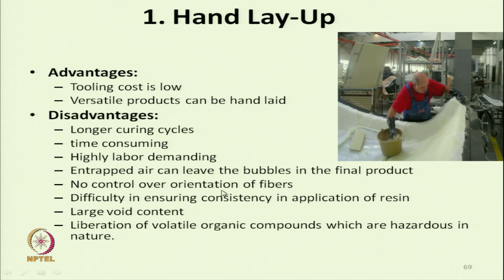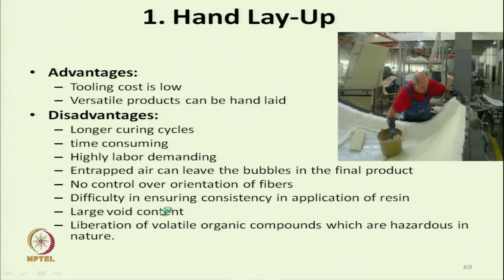There are chances of air bubbles in the final product, no control over orientation of fibers. If we try to use the loose fibers, then we do not have any control, but in this picture we can see glass nonwoven fabrics are used.